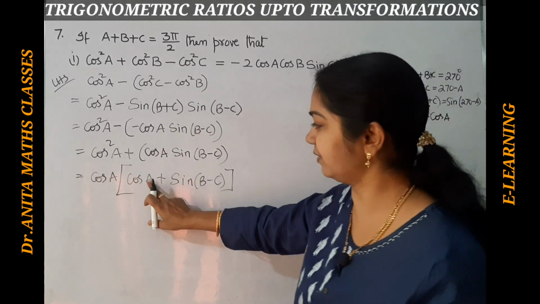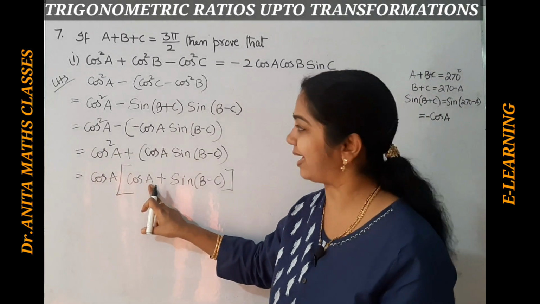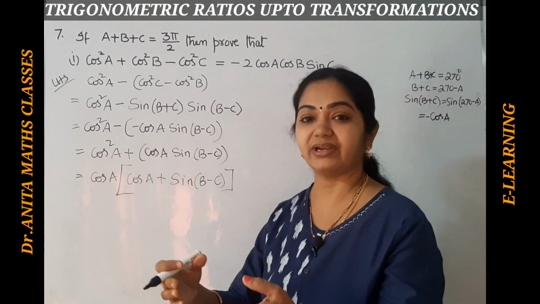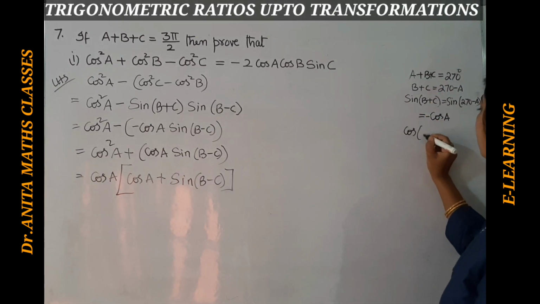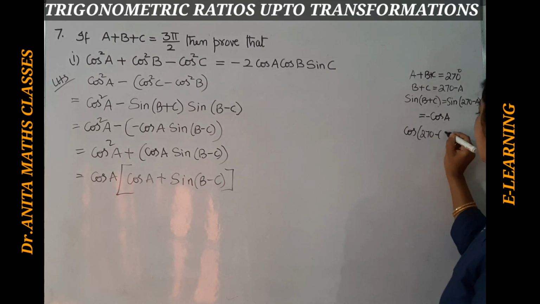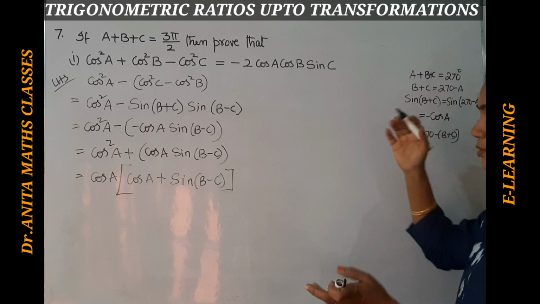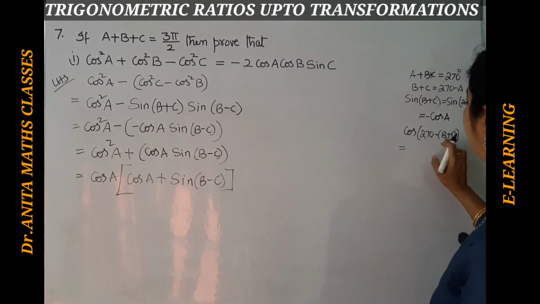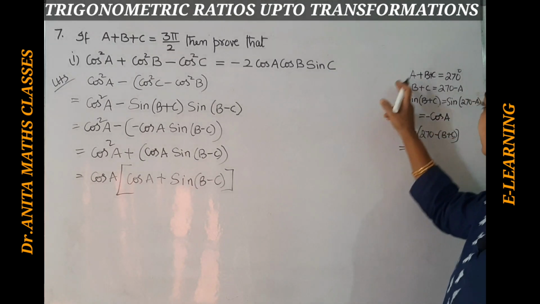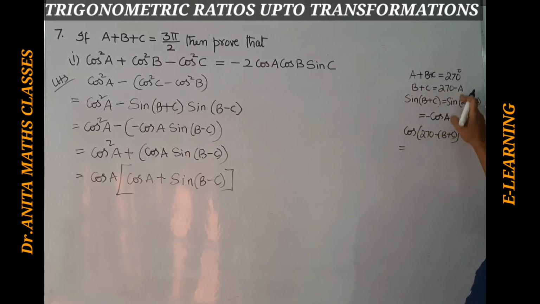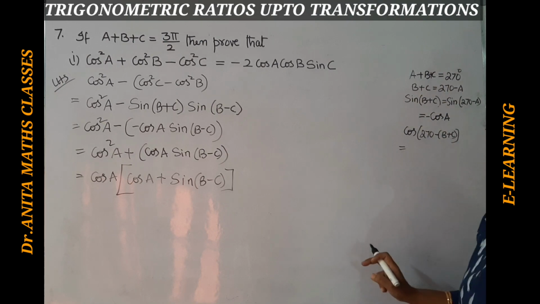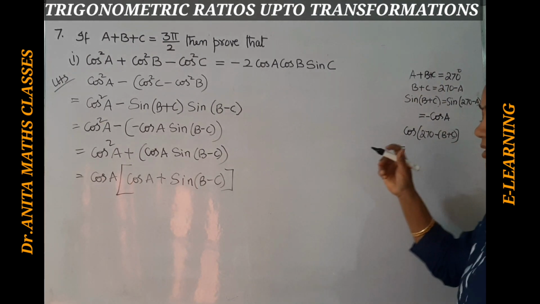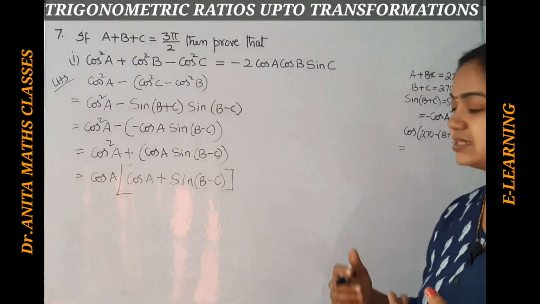Right. Now again we can transform this cos a as cos of 270 minus b plus c. Again this b plus c is nothing but, b plus c is 270 minus a, we have written. The same way a is equal to 270 minus b plus c. But in the case of cos, if you are getting minus, that will be eliminated.